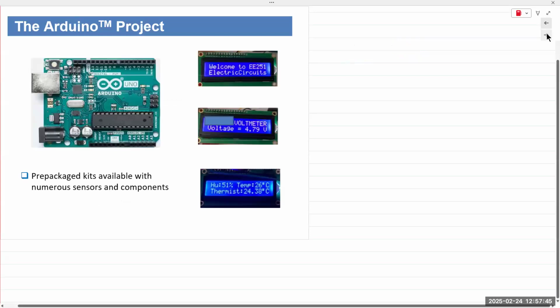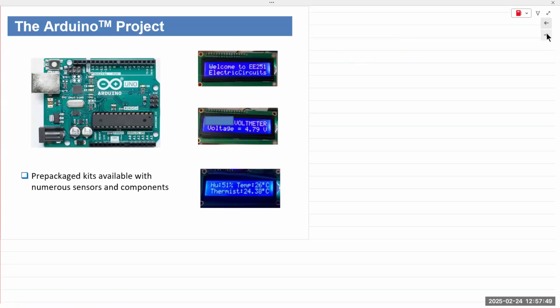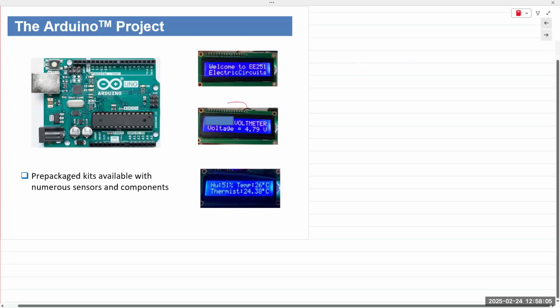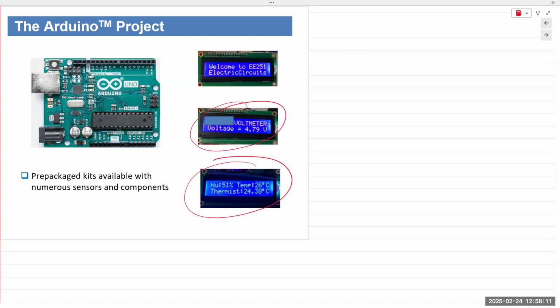So here's the time when I was teaching this during the pandemic, and we used this to teach students 251. So in their own homes, they could sit with an Arduino, and with a handheld multimeter, they could do the entire 251 course sitting at home. And one of the things we created was use it as a voltmeter and use it as a humidity and temperature sensor, which is not very difficult.